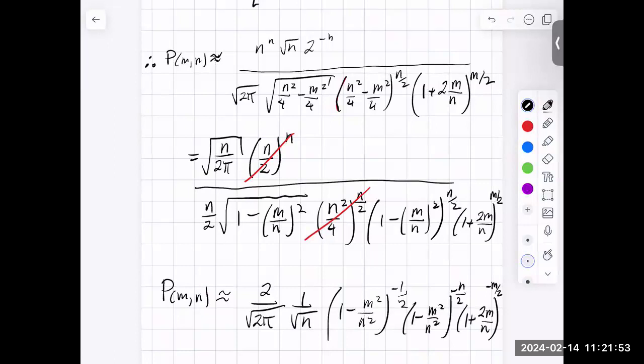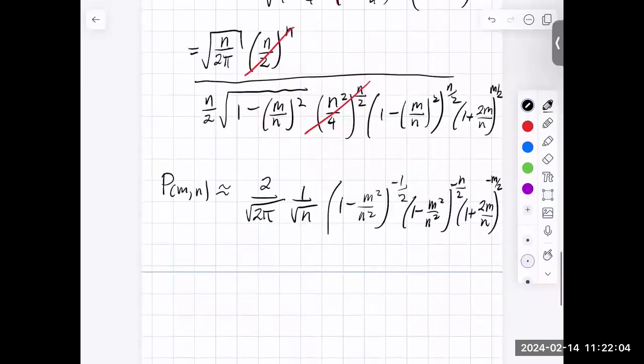The next thing we're going to do is take the natural logarithm of this whole expression, and then apply an approximation.